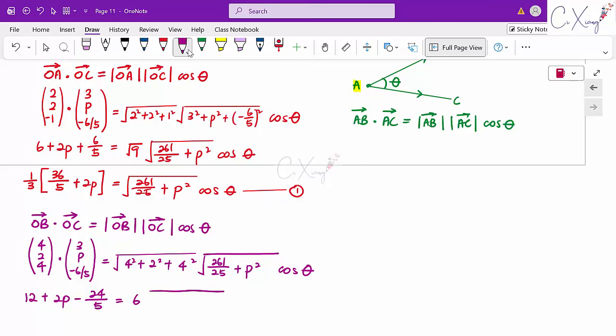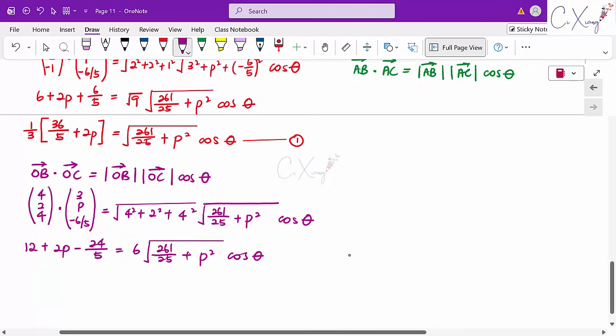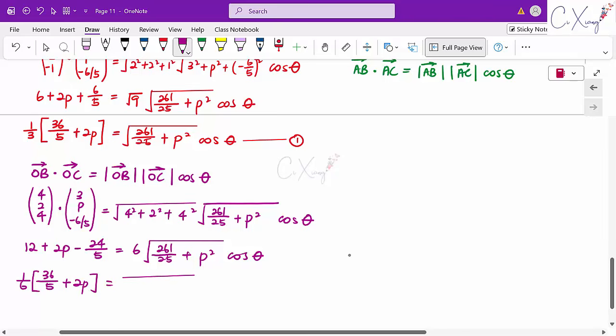Then square root of this one. Okay, then after that, I want to bring the 6 over. When I bring the 6 over and I simplify them, I'll be having 1 over 6, then 36 over 5 plus 2p. And I will make this as second equation.